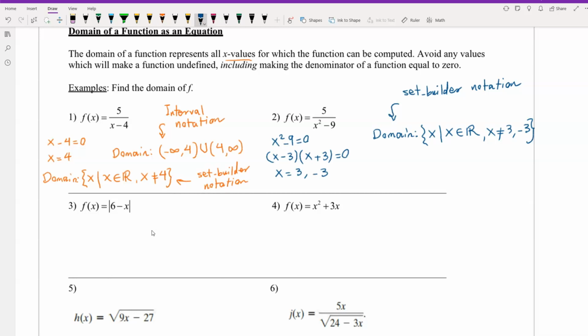Now here on this part, domain. So on top I did set builder notation, and this one is interval notation. So we have negative infinite to negative 3, union, negative 3, positive 3, union, positive 3, infinite. So this one is interval notation.